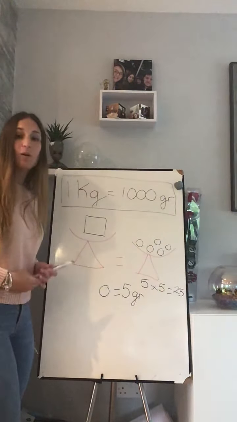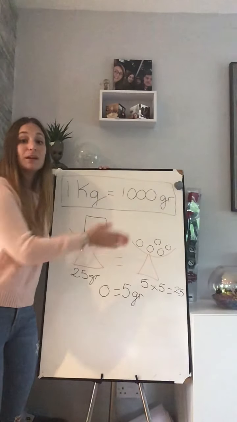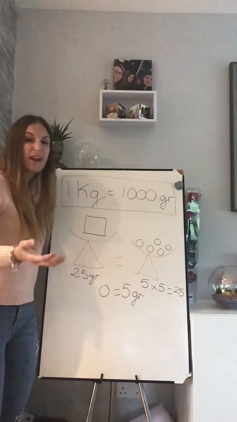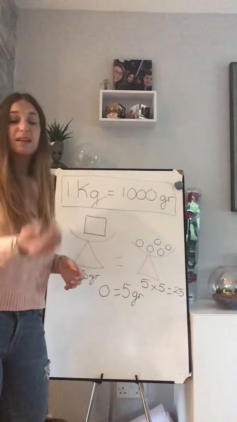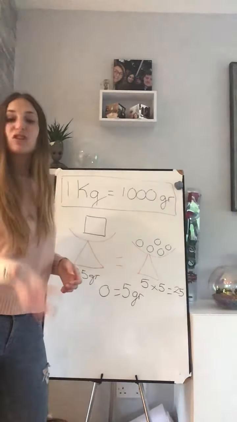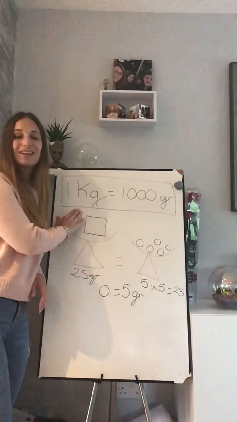Just remember that you need 1,000 grams to get 1 kilo, and then normally we use grams to weigh stuff that is not that heavy, that you can actually carry in one hand. For example, a banana, a cup, a glass, okay? And for things a little bit heavier, we use kilograms, okay?